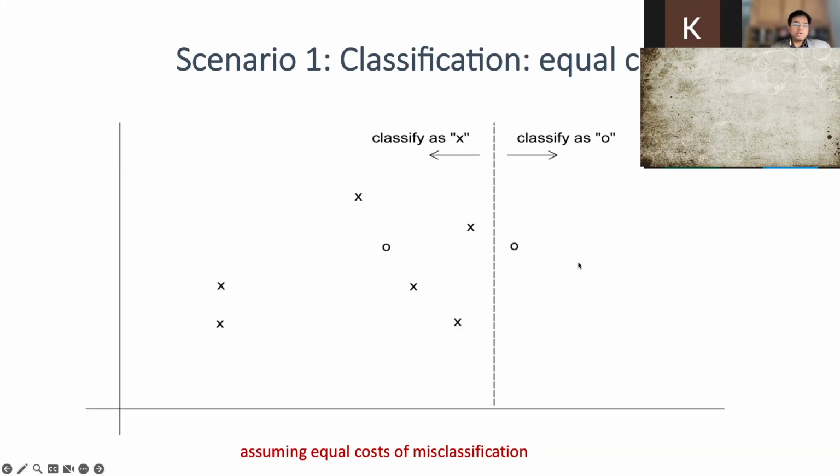But if it was unequal cost, and this O is 5 times more important to classify correctly, then we have incurred quite a bit of expense here, and we have lost by using this particular model, which has classified them using this kind of distribution between the two classes.